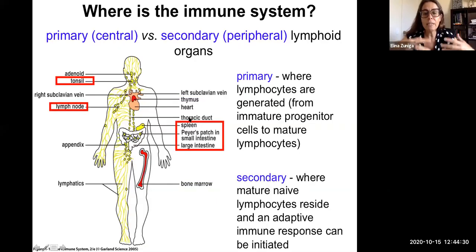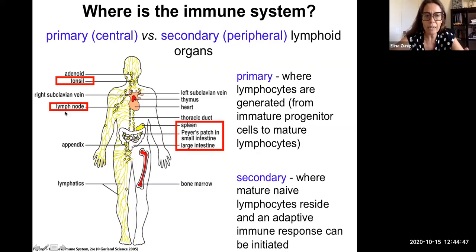And then we have the secondary lymphoid organs, where lymphocytes are as well, and is where mature naive lymphocytes reside, and also is where the adaptive immune responses can be initiated, okay?